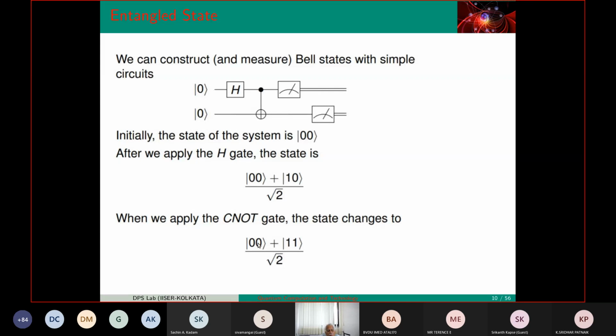Now this is a superposition. So if Alice measures in Delhi and finds her state to be 0, what will be Bob's state? Bob's state will be 0. If Alice finds state 1, what will be Bob's state? Bob's state will be 1. So this instantaneous thing, that without any time delay, the moment a measurement is done in Delhi, the state changes to 1. That is what bothered Einstein.